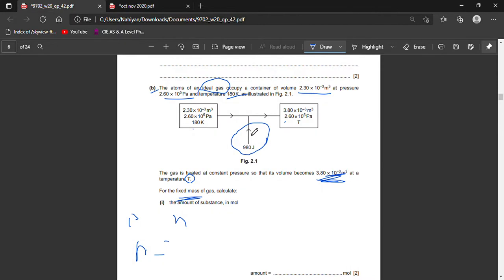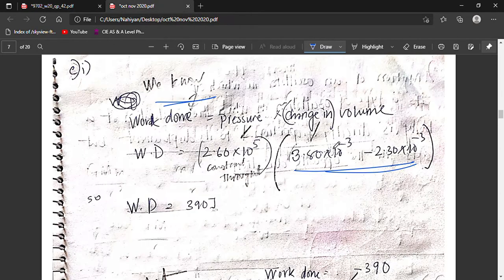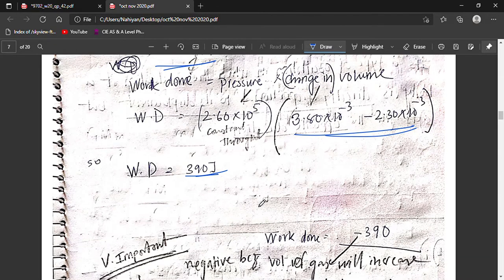This is the final one, and this is the initial one. So you calculate the change, and you have the pressure which is constant throughout. You get a work done of 390 joules.